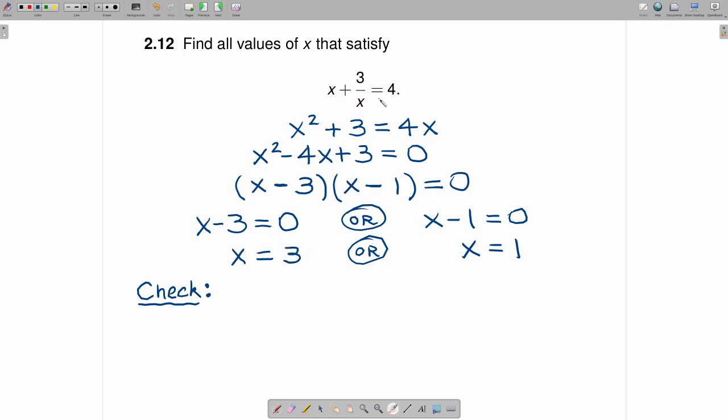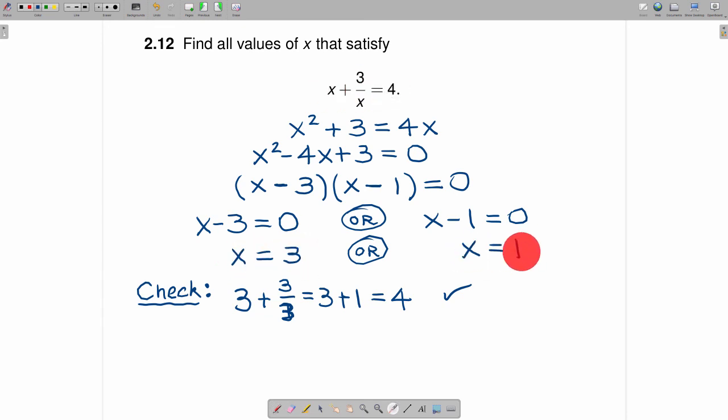Plug x equals 3 into the equation up top, which is 3 plus 3 over 3. That is the same as 3 plus 1, and that is equal to 4. So that particular solution, x equals 3, checks out.